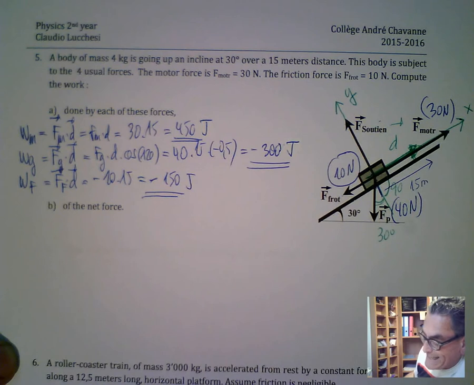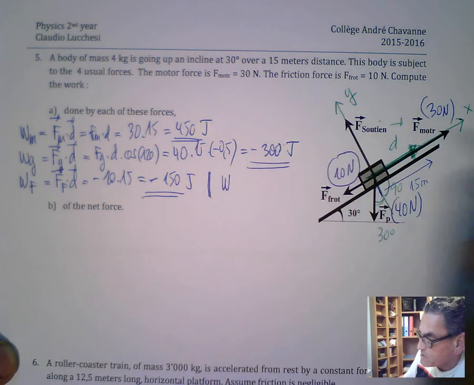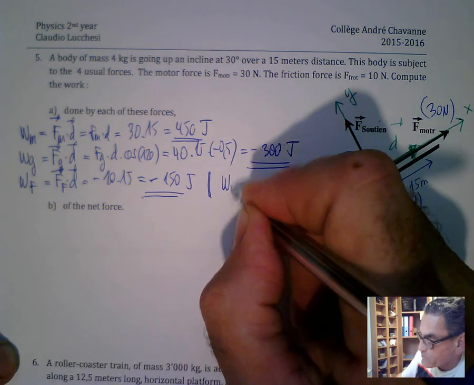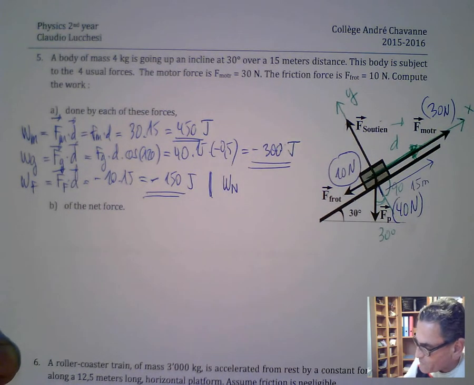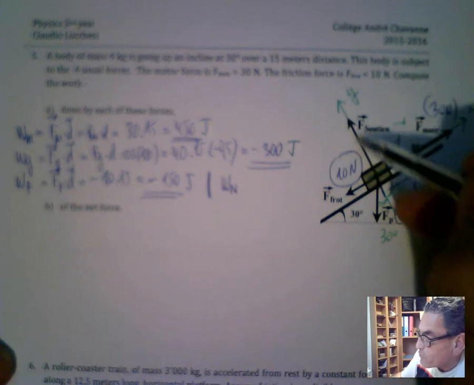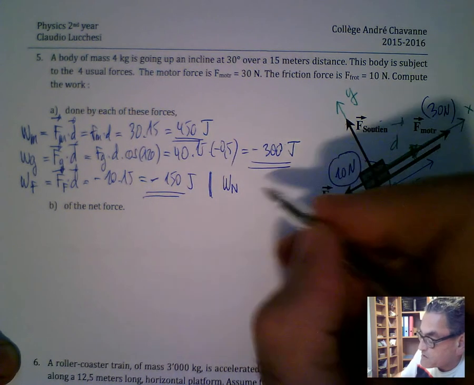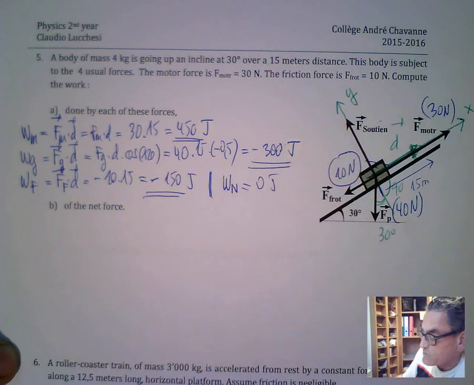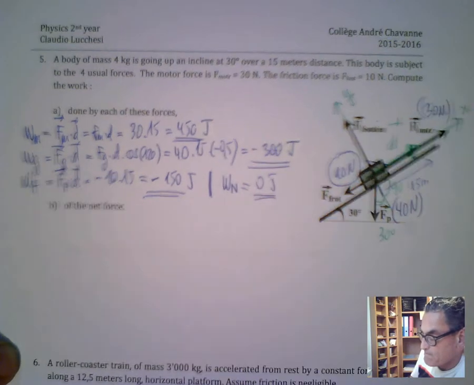And we have a final one to compute, which is the work of the normal force, which is called soutien here because I took that from the French course. The normal force is always by definition at 90 degrees to displacement, so this contributes 0 joules.